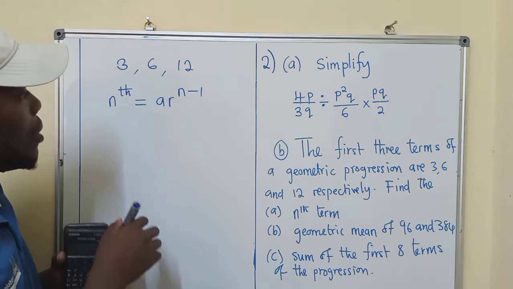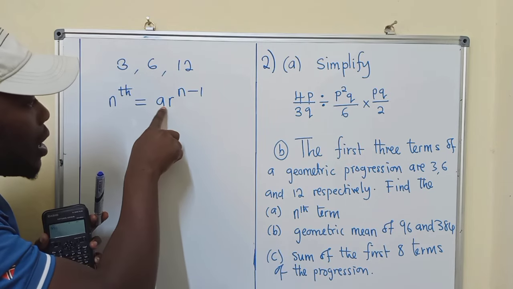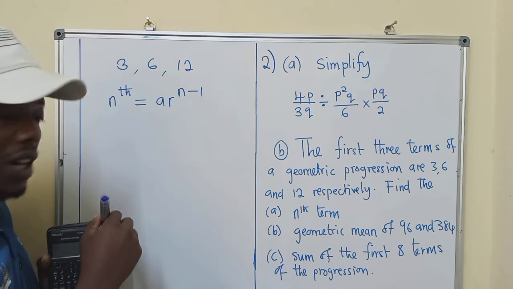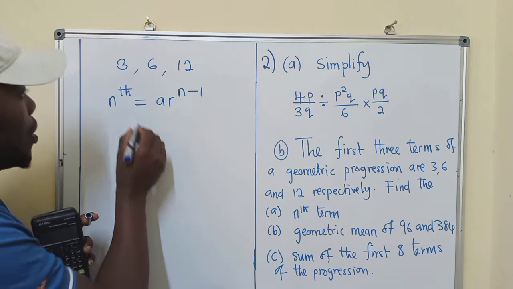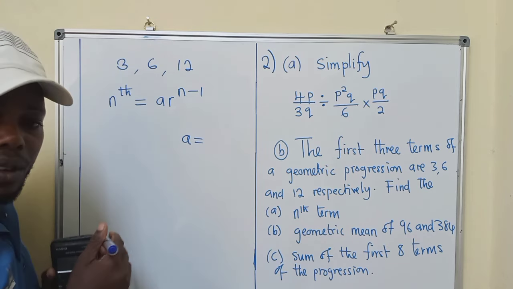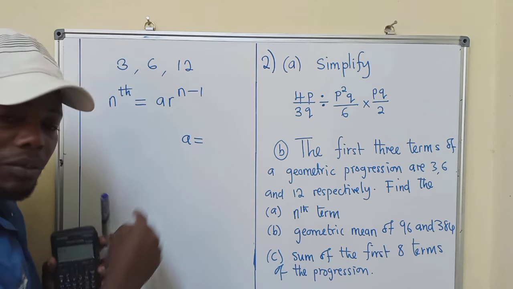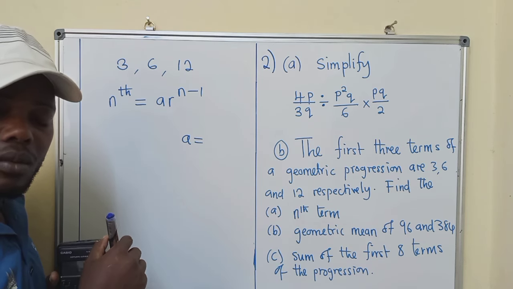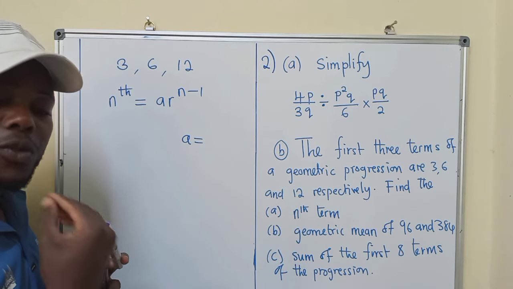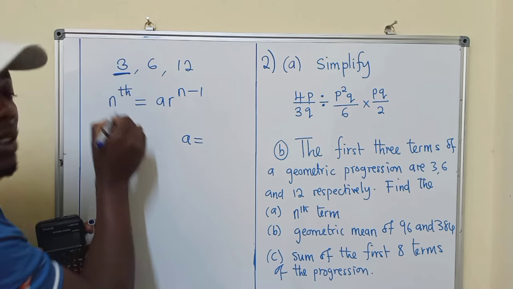Now, in this formula, we don't want to see A and R, so we identify what our A is. When you've been given a sequence, what is your A? Your A must be the first term, the term that starts.